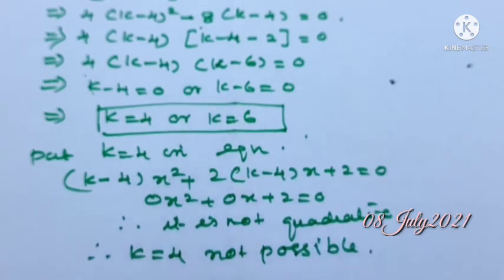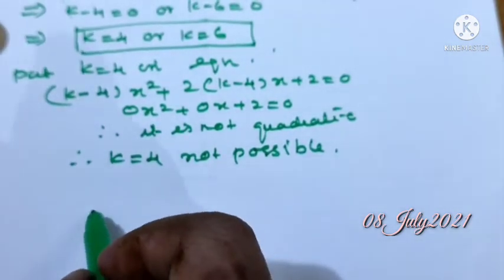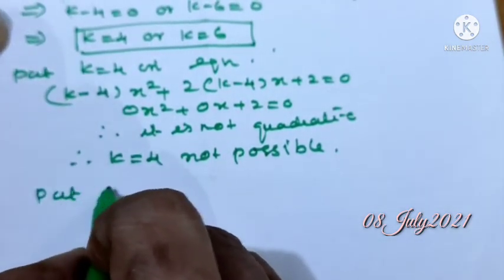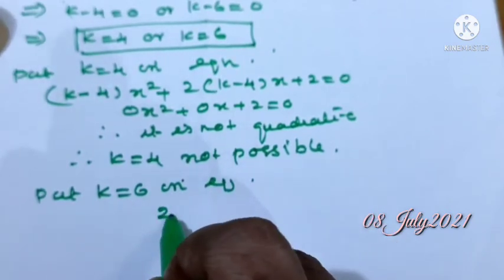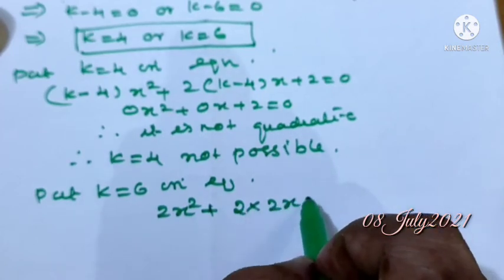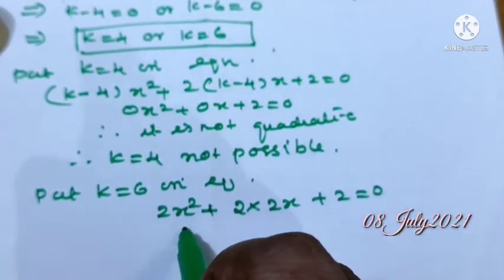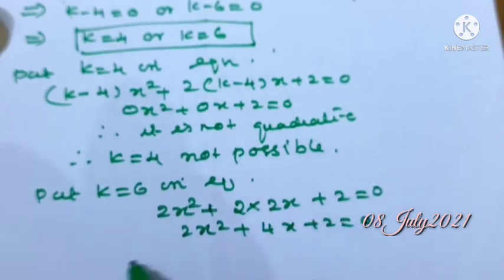I have not done last time the application of the second value of k. This time we can try, not required actually. Put k equal to 6 in the equation. Directly I will write 2x square plus 2 into 2x plus 2 equal to 0. It's a quadratic.